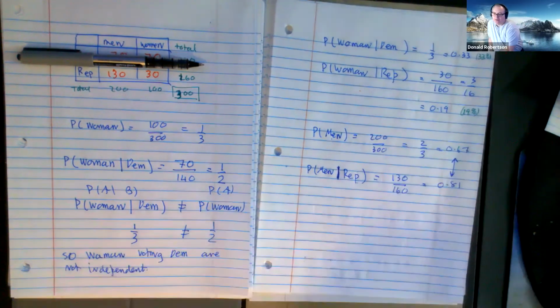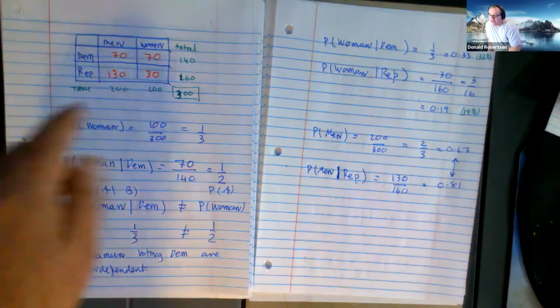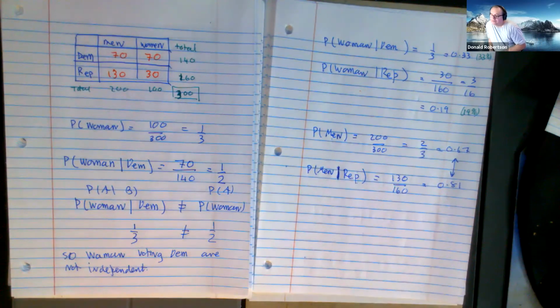Does it not make those two things dependent as well? In fact, doesn't it look like men vote Republican more than women do? And I kind of twisted the numbers just to get the idea, but that's actually true. If you look at the voting patterns, women tend to vote more Democrat than Republican, and men tend to vote more Republican than Democrat.